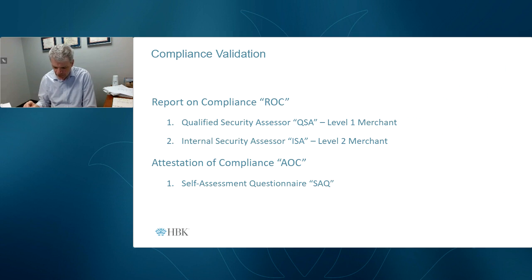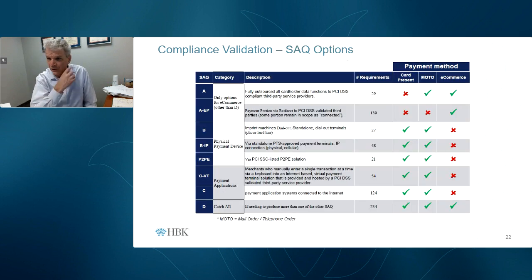I think there are about 8 different types of self-assessment questionnaires, but you either do it yourself or you have somebody come in to validate your compliance, and then you have to complete what's called an AOC, or an attestation of compliance, to tell PCI that you've looked at their requirements and you are indeed following all of them and are in compliance. These are your SAQ options if you're doing level 3 or 4 yourself, or actual level 2 for the internal security assessors doing this as well.